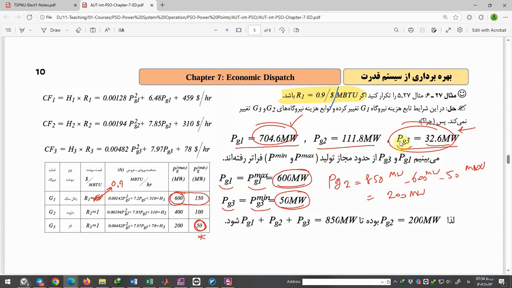So you have to set PG3 at its minimum, 50, and PG1 at its maximum, 600, and PG2 is determined by subtracting them from the whole load, giving 200 megawatts.